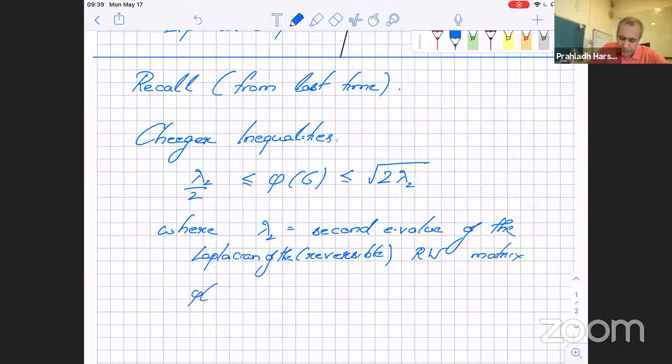and phi G, defined as the min over all S such that 0 is less than pi of S less than or equal to half of phi of S, is the conductance of the graph.